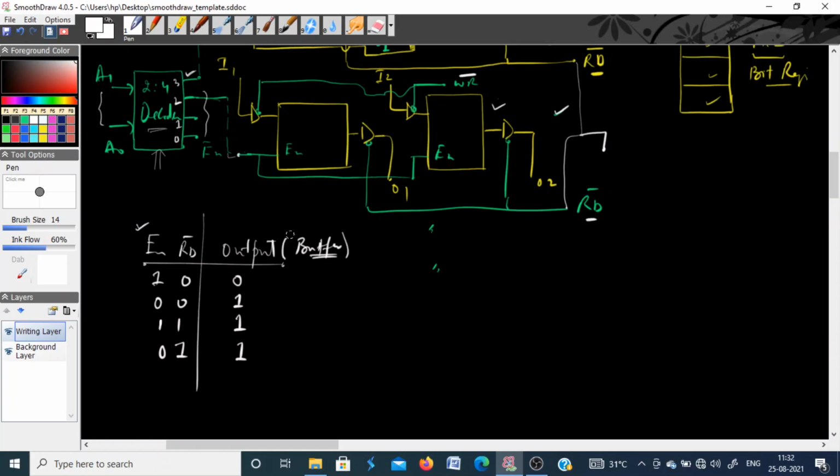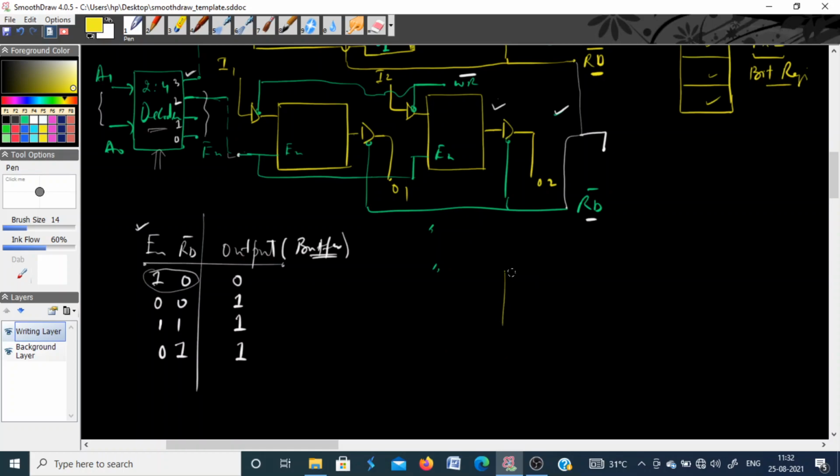So you must have a combination of enable pin and read, so that when enable is high, it means you have identified a particular memory location, and then you send a control signal read. So data should come from that register only. Okay, so you can see this is a combinational logic circuit now, so you can find the output.